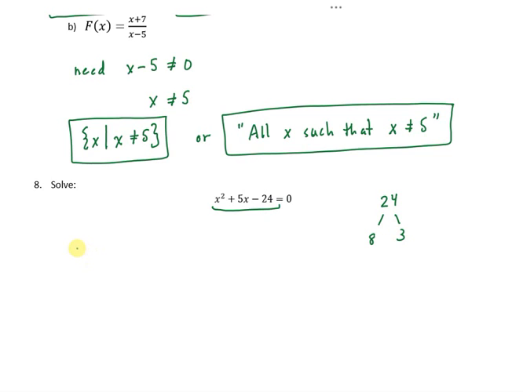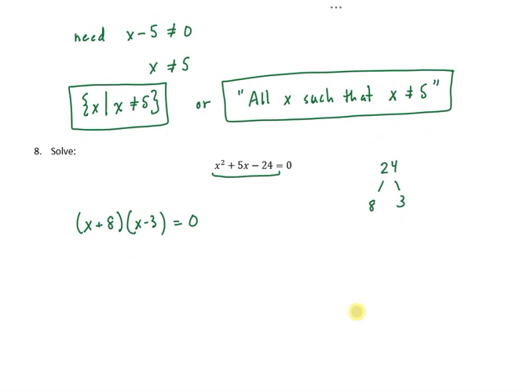So what I have is this equation is equivalent to saying x plus 8 times x minus 3 is equal to 0. When a product is 0, you know that one of the two factors is 0. So this gives me x plus 8 equals 0, or x minus 3 equals 0.